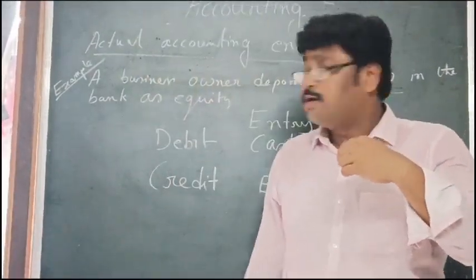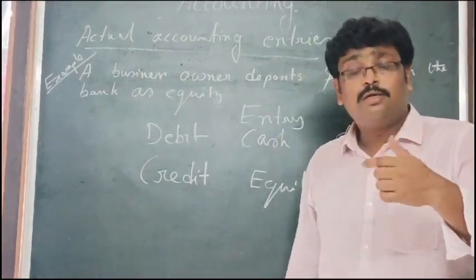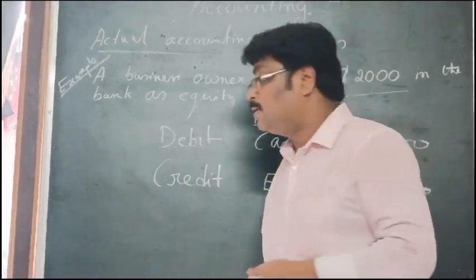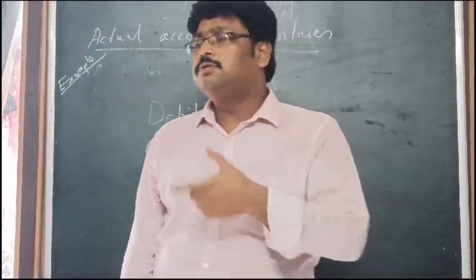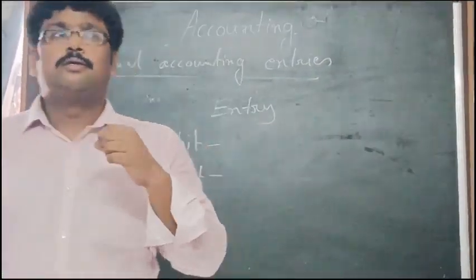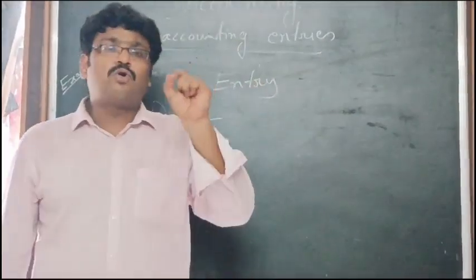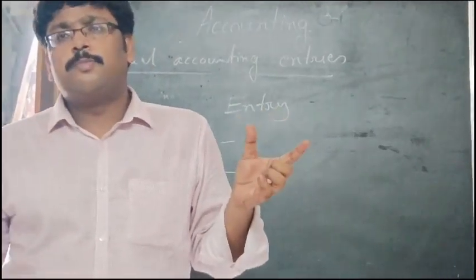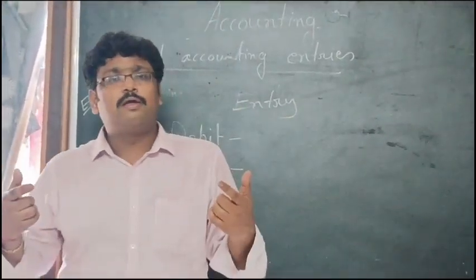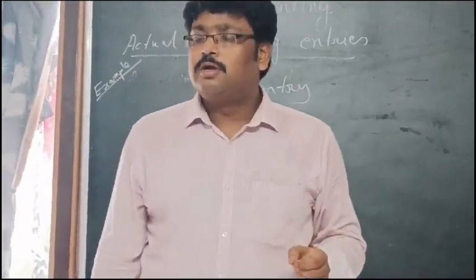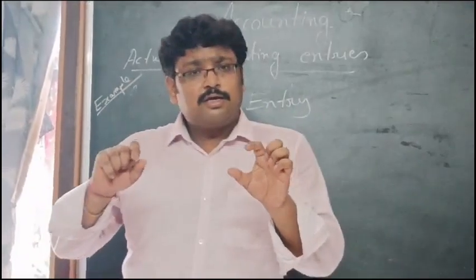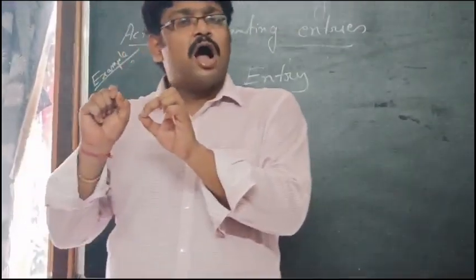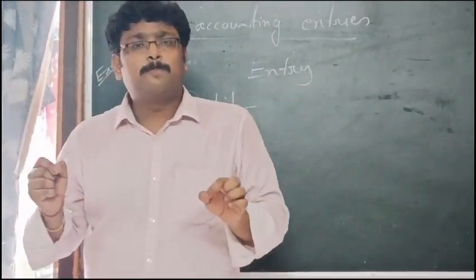So now I go to another example so that you can understand the accounting entry in the actual way. Suppose there is a company, and the company for production purposes buys furniture, and for that purchase, the company paid out $500.